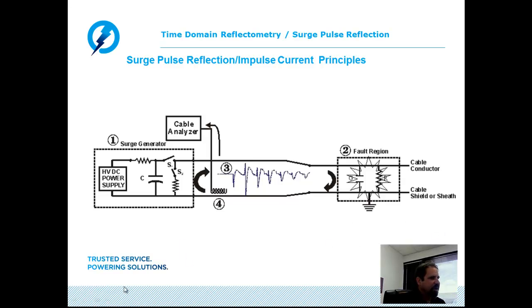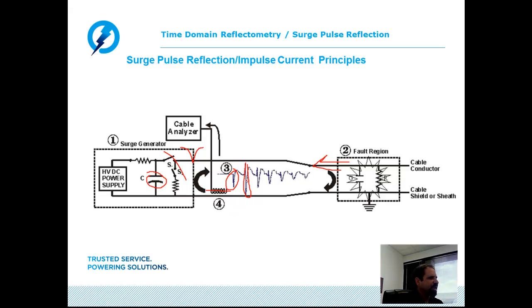Again, to break it down into the basic elements, we have the thumper. We charge up the thumper, close the switch. We get a surge potential that goes past the inductor, clocked in at time period number 1. The cable is energized, the fault flashes over and arcs, which returns a current transient back toward the equipment, which gets clocked in as it passes the inductor at time period number 2.